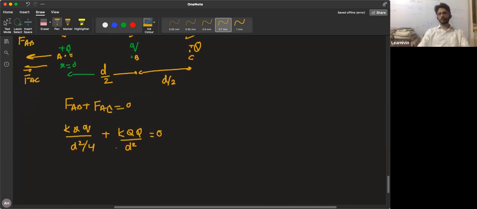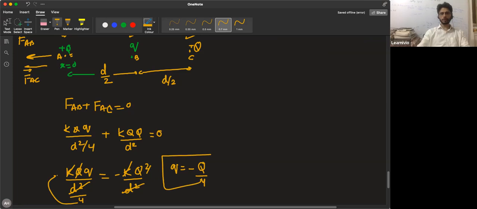Just take it to the right hand side. So it will be K Q q over d square by 4, which is minus of K Q square by d square. This will cancel this term. Capital Q will cancel the square, K will cancel this K, and you will get q will be equal to minus of Q by 4.